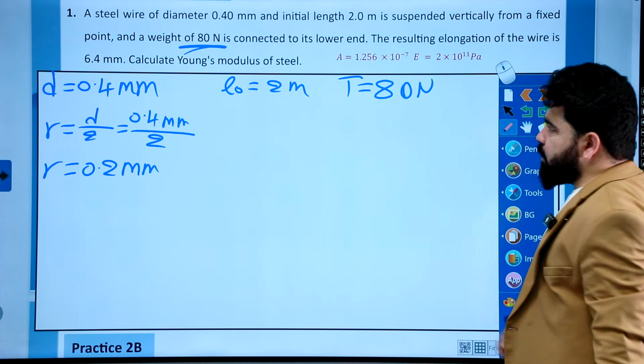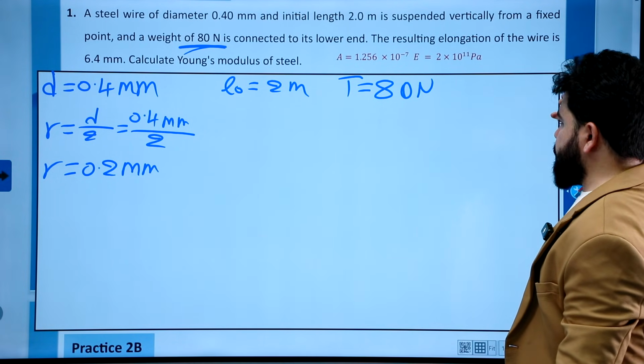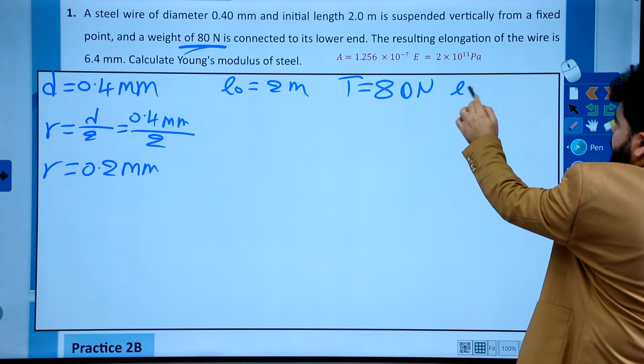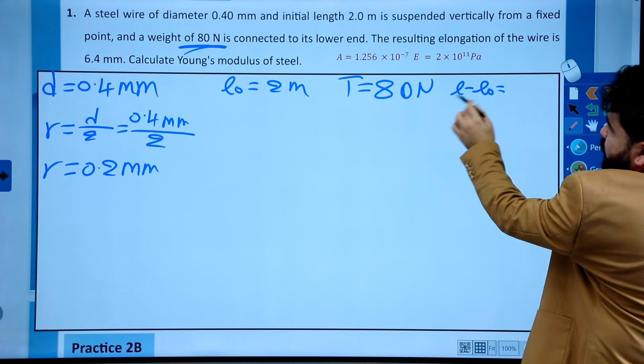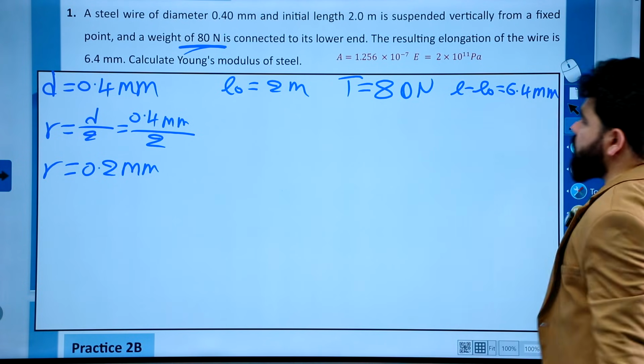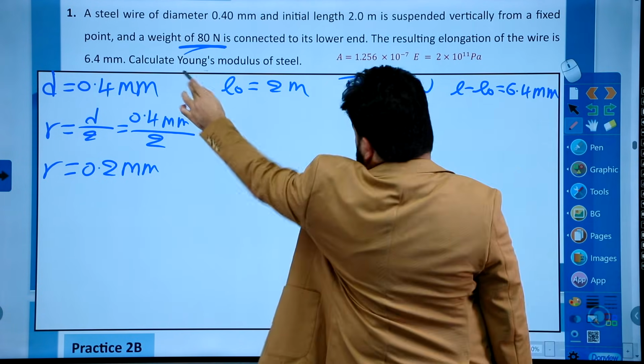The weight is also the same as tension. The resulting elongation, L minus L naught, is equal to 6.4 millimeter. What is the Young's modulus?